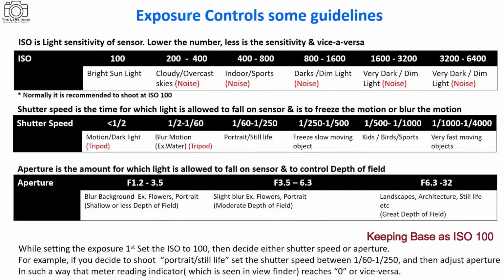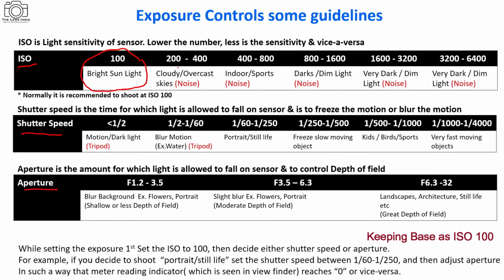Now you can see that we have 3 parameters, that is ISO, shutter speed and aperture, right? And we have decided that we will keep our ISO at ISO 100. As I mentioned in my earlier slide, when we are shooting in bright sunlight, we need to reduce the sensitivity of the sensor, and we normally keep the ISO at 100.